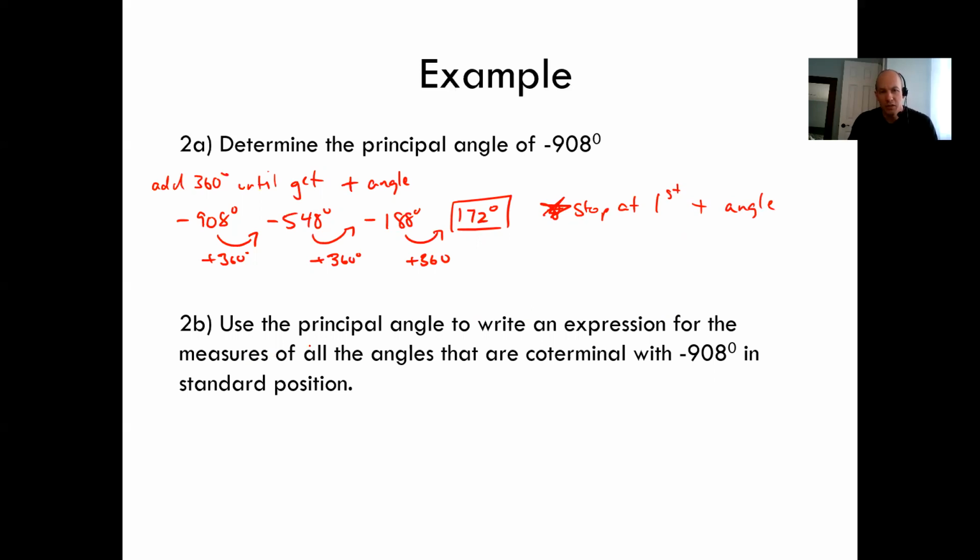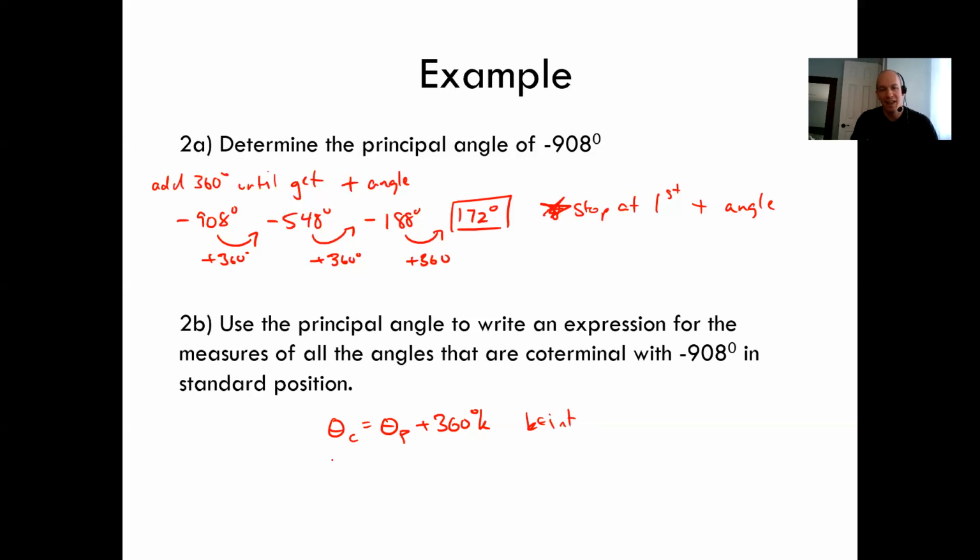Okay, 2b, use the principal angle to write an expression for the measure of all the angles that are coterminal with negative 908. So what we just did was we figured out the principal angle. That's not really a hard thing. This is not hard either. This is more of just a notational thing. If you're asked to write an expression for all the coterminal angles, it's the same thing. This is the general idea. This isn't really going to change. K belongs to the integers.